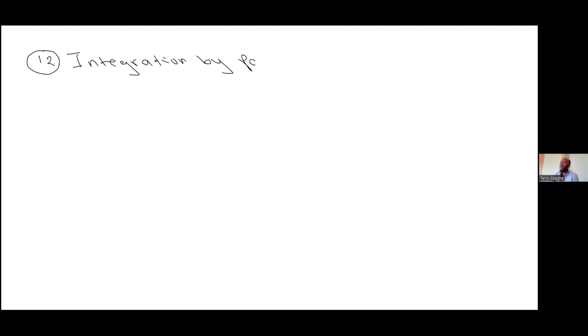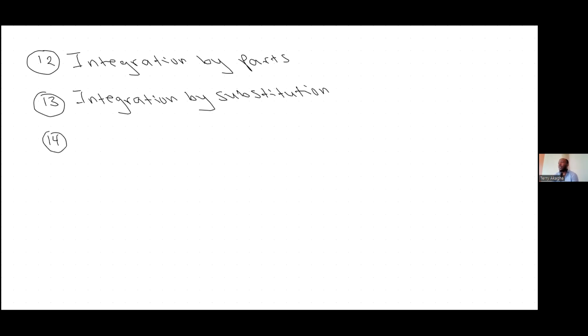Okay. Number 13 is what we call integration by substitution. Okay. Number 14 is what we call functions of a linear function.